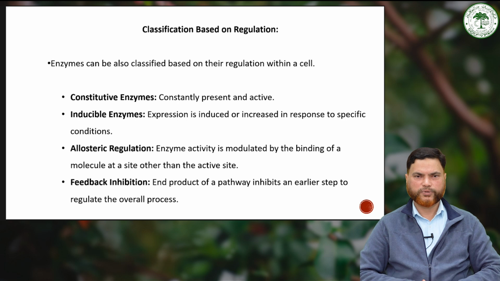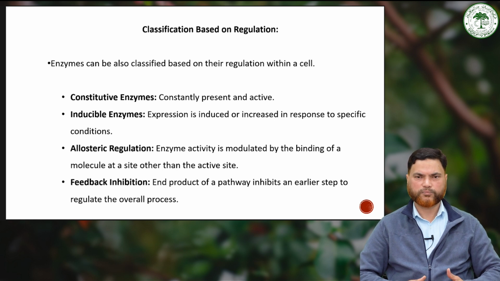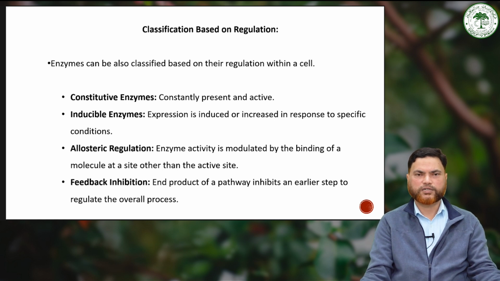Now, classification based on regulation. A very interesting example of a constitutive enzyme is cyclooxygenase 1, abbreviated as COX-1, which is continuously produced at a very consistent rate within the cells, irrespective of the metabolic state of the cell or organism.